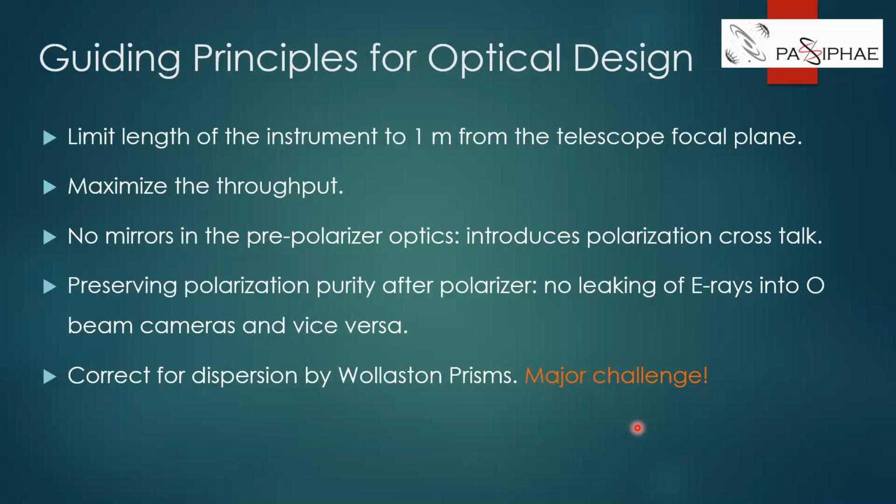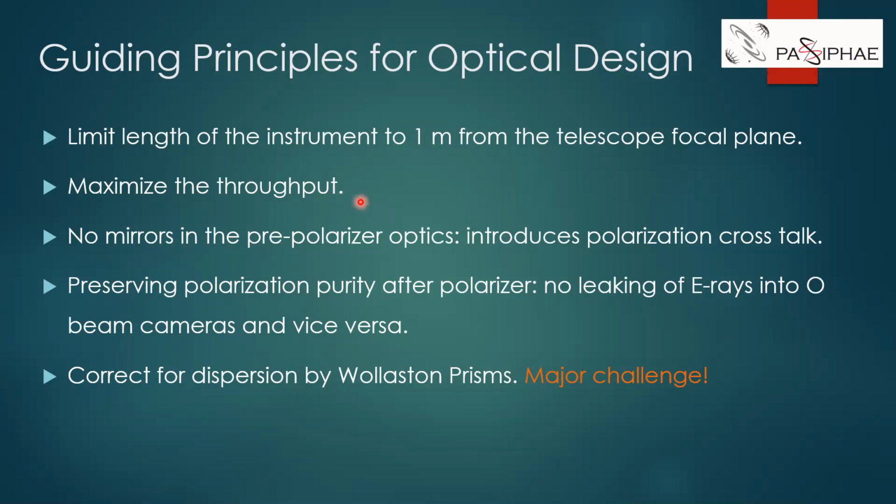Before we began the design of the instrument itself, there were a few guidelines that we wanted to follow. One was that we had to limit the length of the instrument to 1 meter from the telescope focal plane because of the available space at the bottom of the telescope.